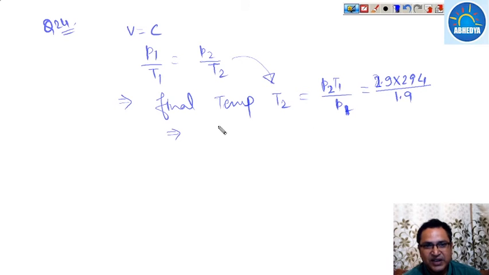Once you calculate this value, you will get 448.4 Kelvin. This much is the final temperature.